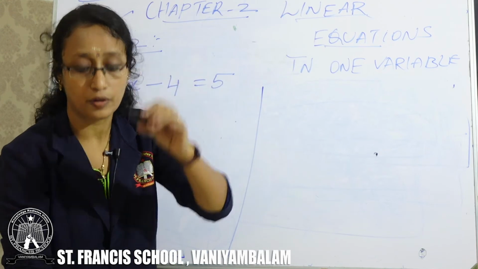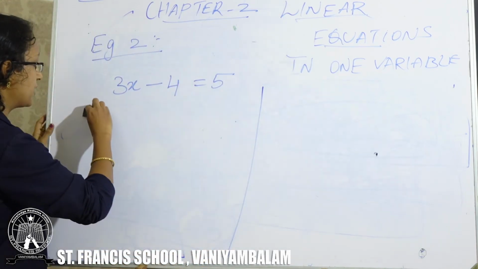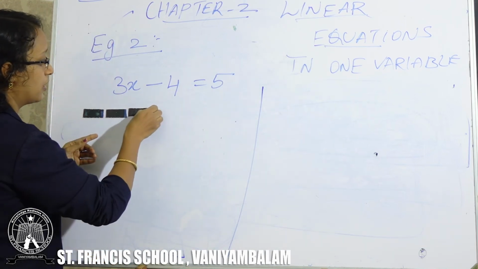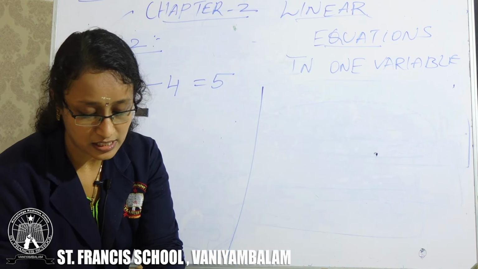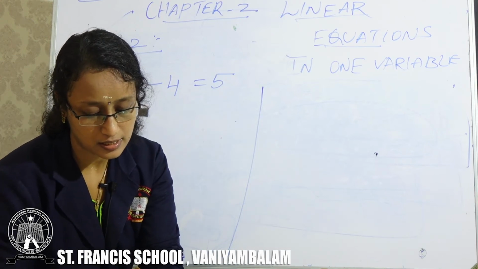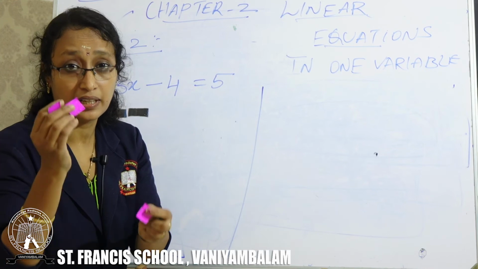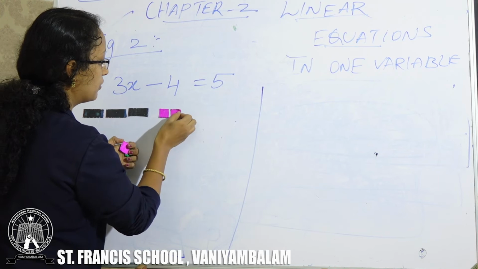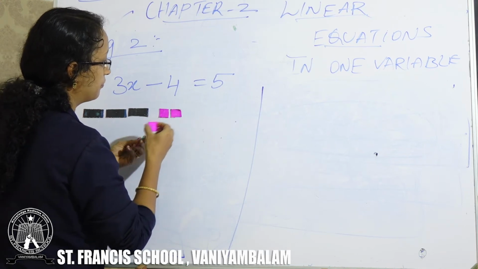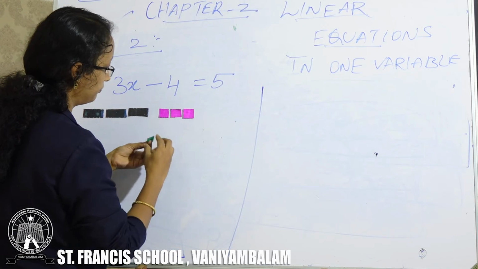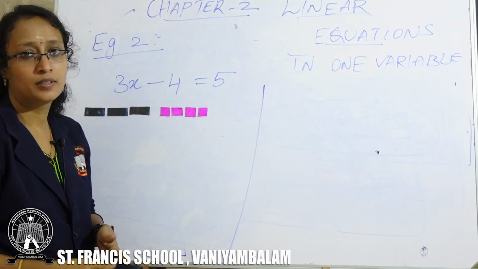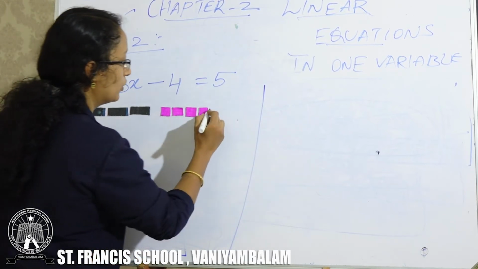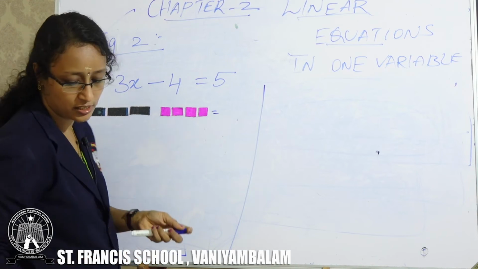So how are you going to solve this? I am going to paste 3x here, 3x, right, and minus 4, that is minus 4, pink color, negative constant. So 3x minus 4 negative constant is equal to 5, right?